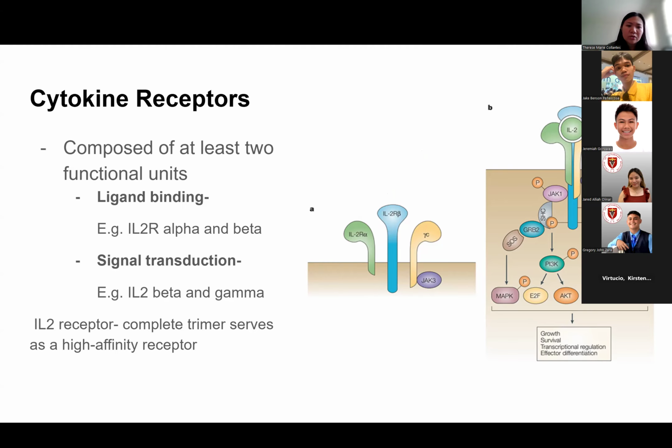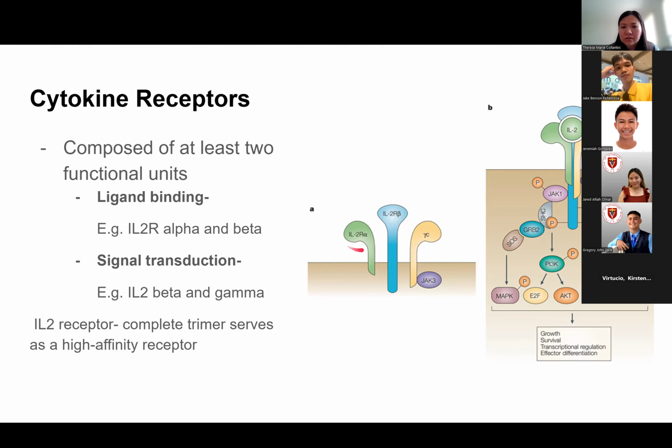I chose this example because it's quite simple. There are three main components: the IL-2 receptor alpha, IL-2 receptor beta, and the gamma. We have these three pieces right here. And the ligand binding unit of the IL-2R is the alpha and the beta.